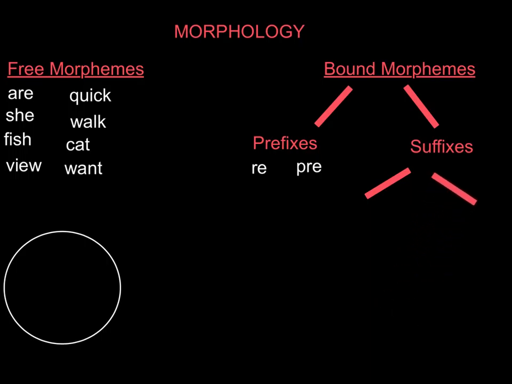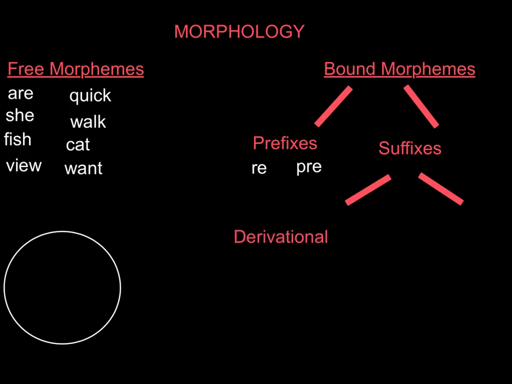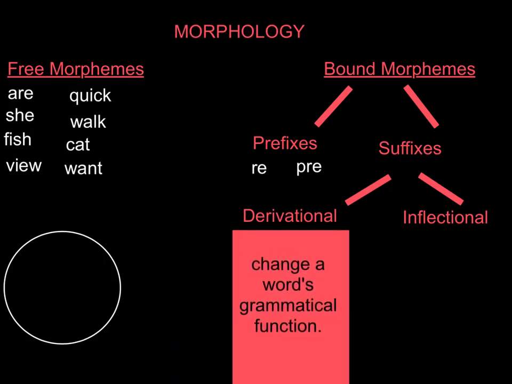Suffixes are a little bit more complicated than prefixes, and I hope I have the space here. Suffixes, these bound morphemes, can be split into both derivational and inflectional. Derivational morphemes change a word's grammatical function.